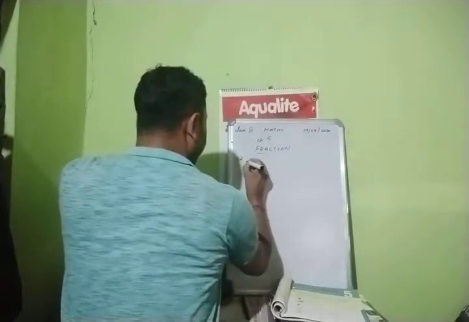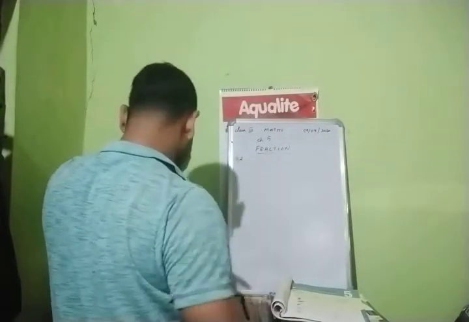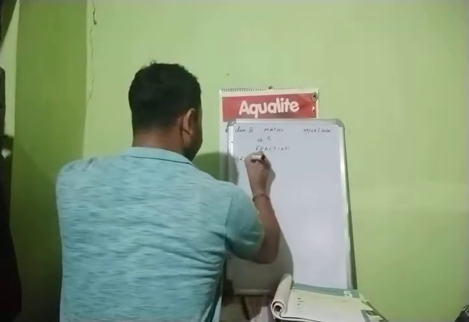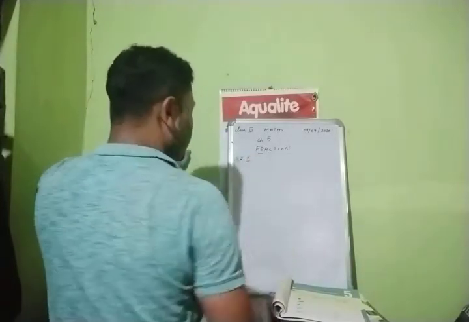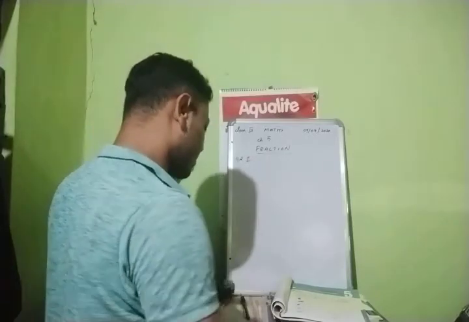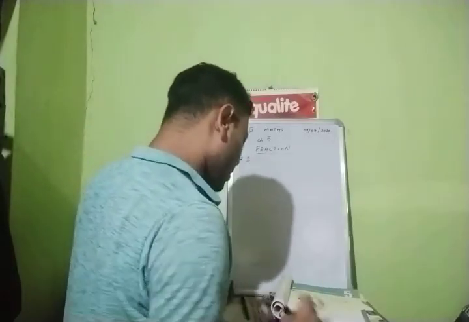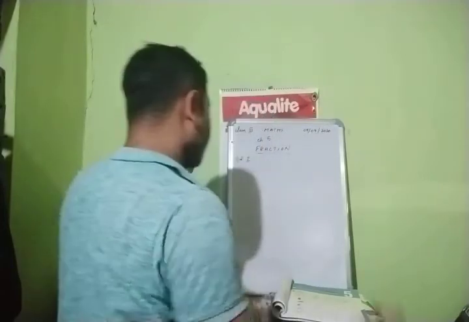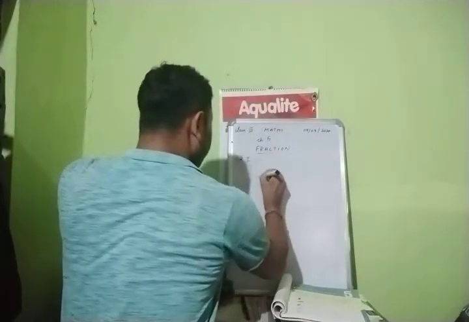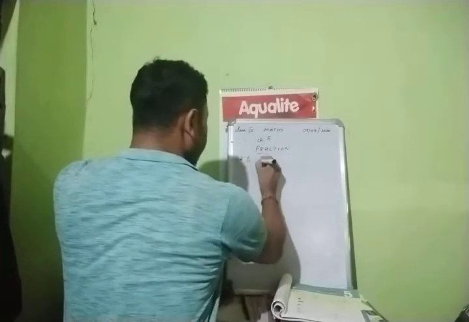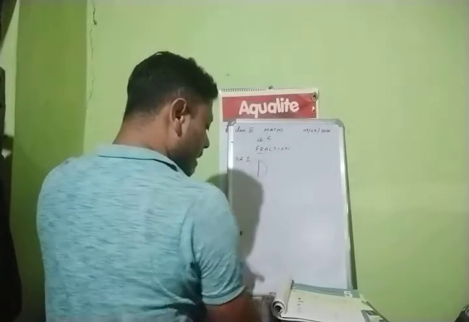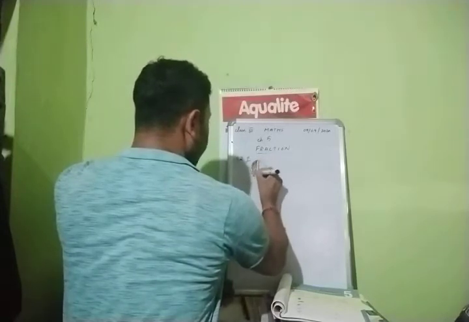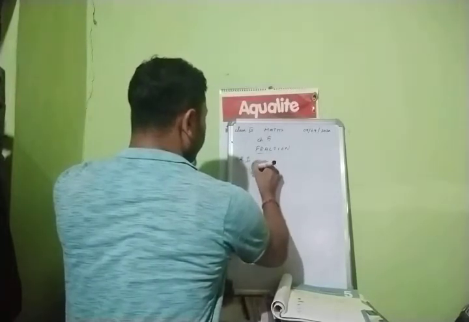Question number 2, question number 1. One circle is there, alright? One circle is there and one side colored.